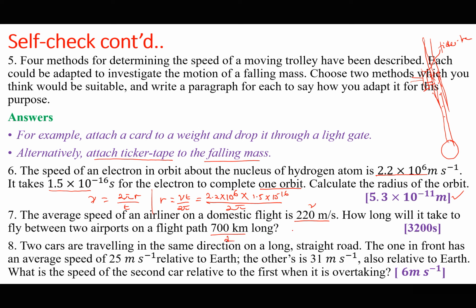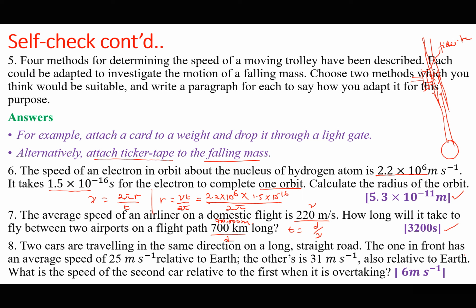So you need to find the time. The time will be equal to the distance divided by the speed. I will not calculate that, but I expect this to be correct. All we need to know is to change this from kilometers to meters, so that would be 700,000 meters.